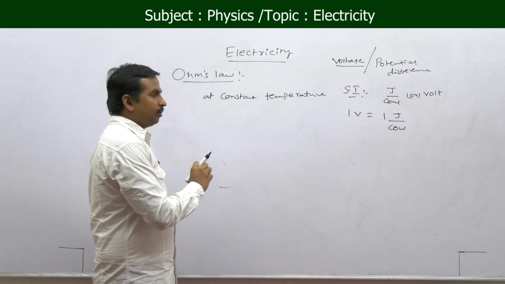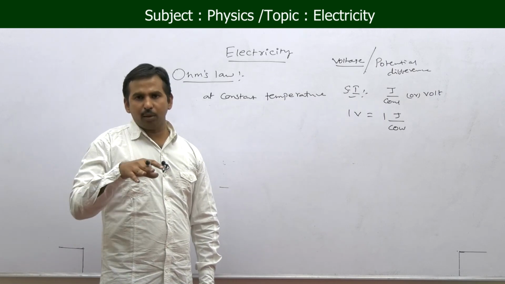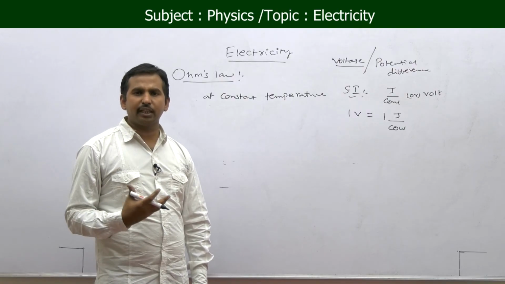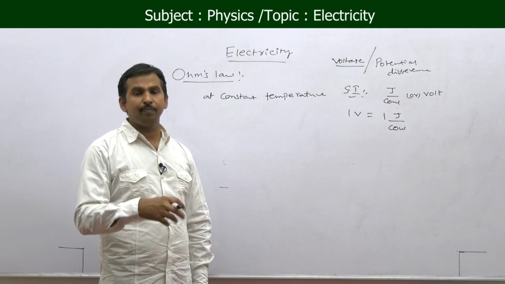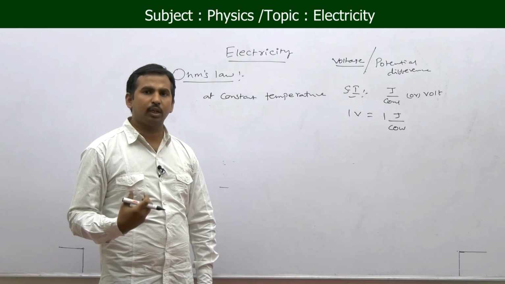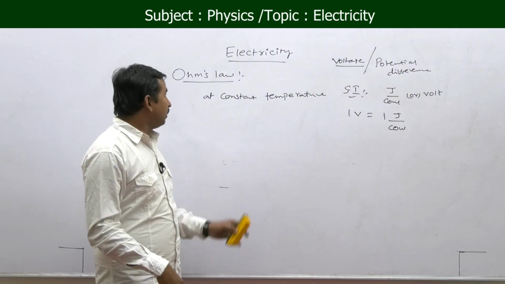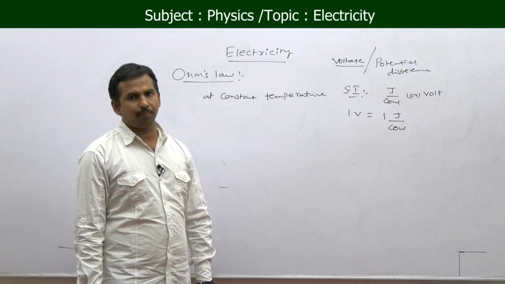The temperature should remain the same. If the temperature is more, then the random motion of the electrons is also more. If the electrons are going in different directions with more speed, it is very difficult for the battery to keep them going in one particular direction, which means resistance is increasing. So to apply Ohm's law, we have to consider constant temperature.